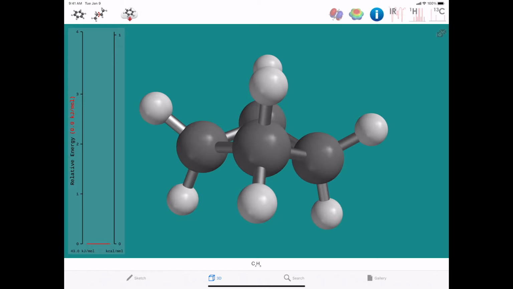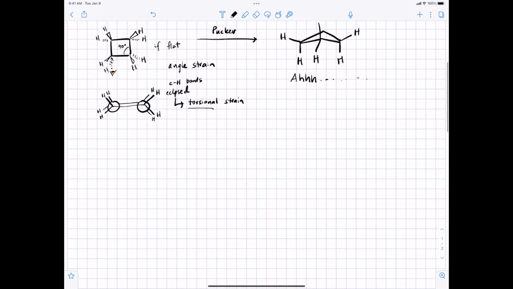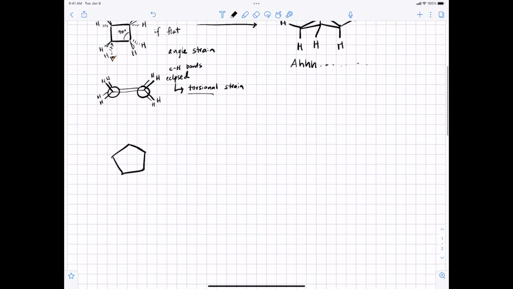Okay, the options for a 5-membered ring are a little bit bigger. For example, here's cyclopentane. If it were flat, it faces the same problems. Let's see, draw a couple of different puckered conformations.